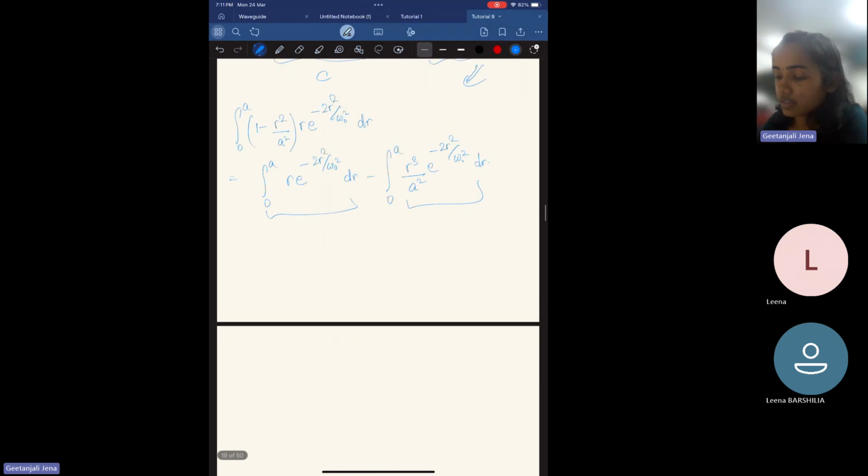I'm just writing the answer; you can use integration by parts as well as other integration techniques.